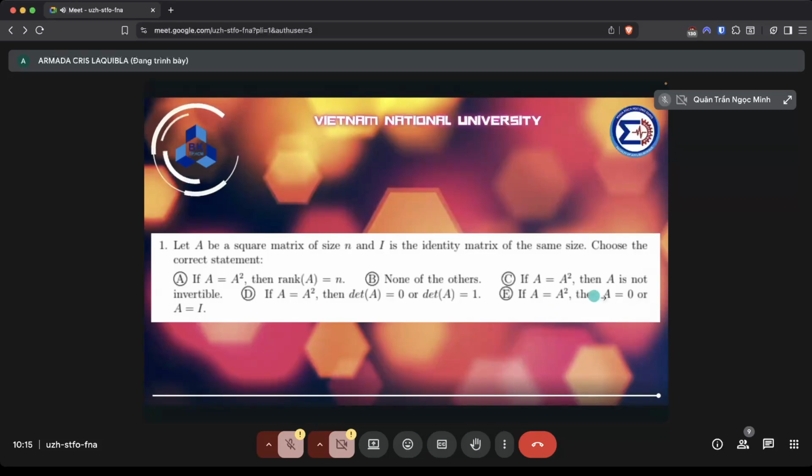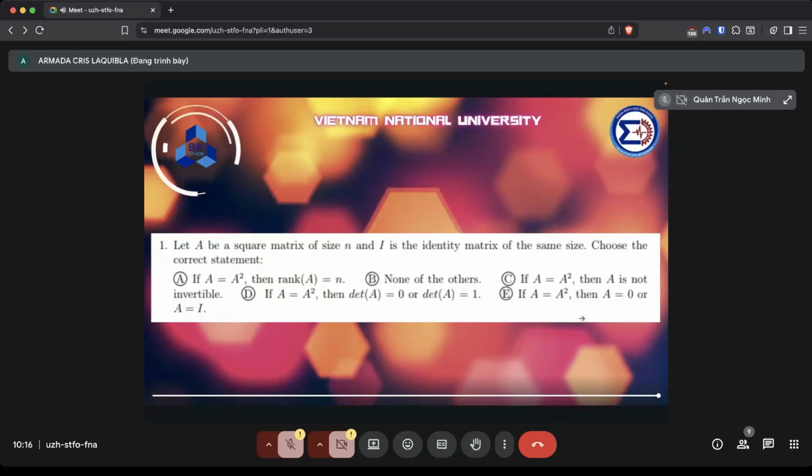If this statement is reversed, if A is 0 or A is equal to I, then A is equal to A squared, and that statement is true. So if you reverse the E here, class, if A is 0 or A is equal to I, then A is equal to A squared.